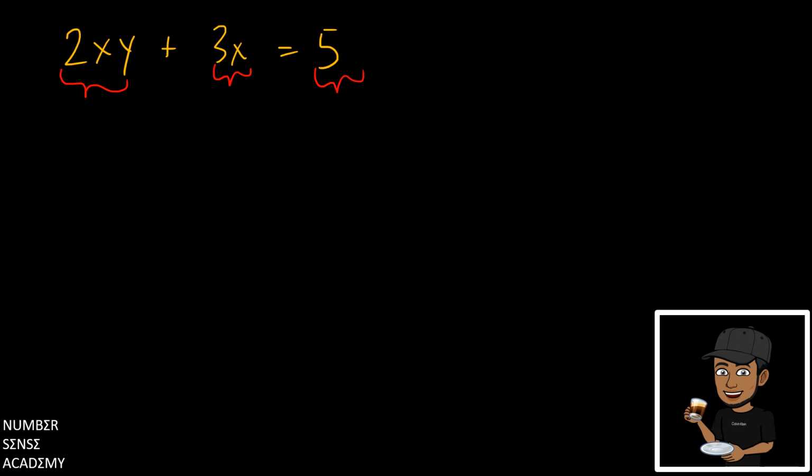This one is a constant. There's a power of 1. This one has one variable. We don't care about the coefficient. There's a power of 1. This one, there are 2 variables.